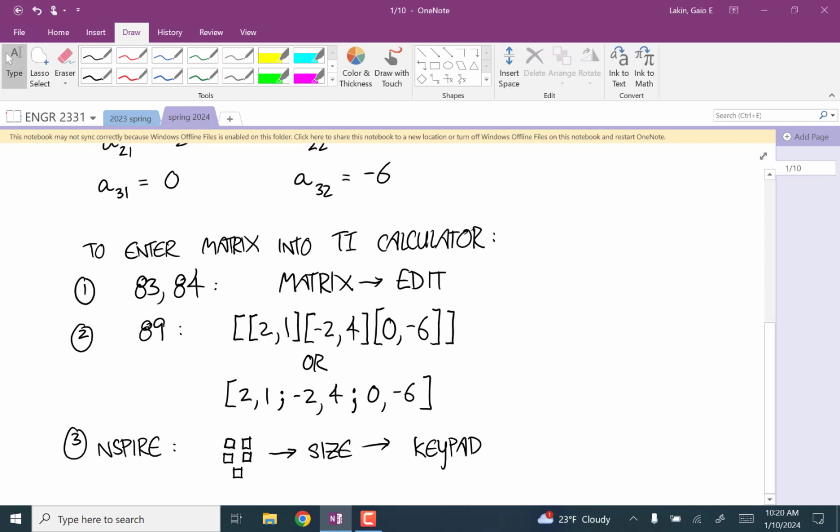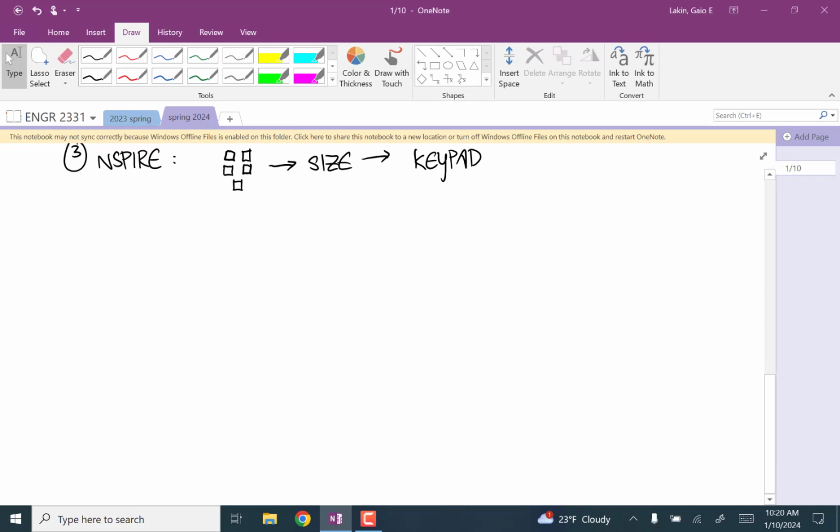What sizes of matrices are we going to deal with in this class? There are, what does it say? 4 matrix sizes. So there are 4 important matrix sizes for this class.